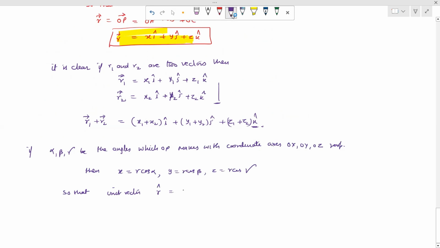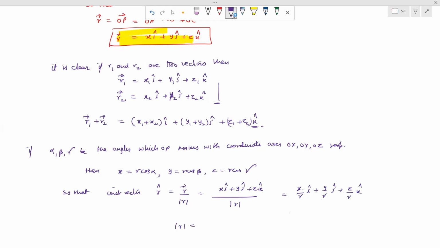R cap is equal to vector R upon modulus R. This can be written as (x i plus y j plus z k) upon R, so we can write this as x upon R into vector i, y upon R into vector j, z upon R into vector k.